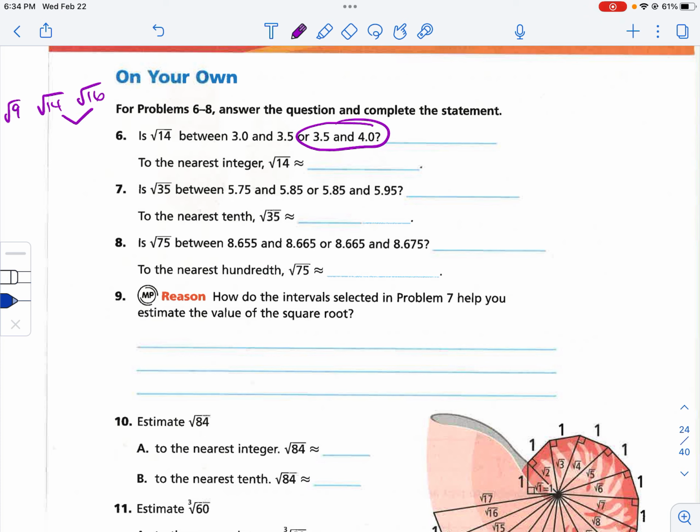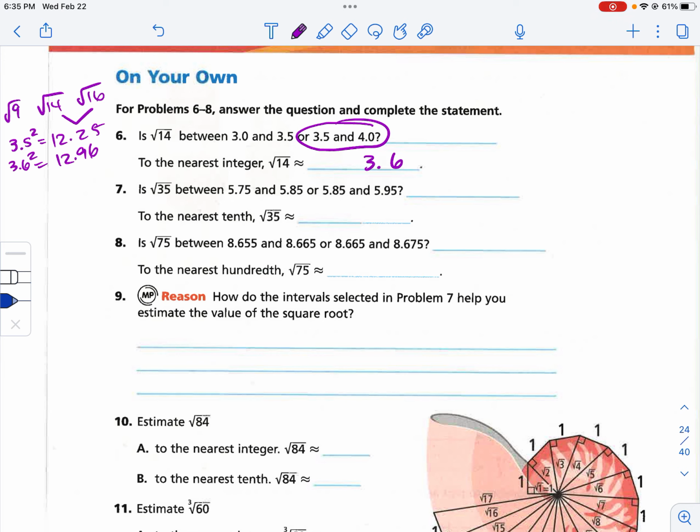So I'm going to say 3.5 squared gets me 12.25. 3.6 squared I get 12.96. Oh, that's super close. So I'm going to say it's approximately 3.6.